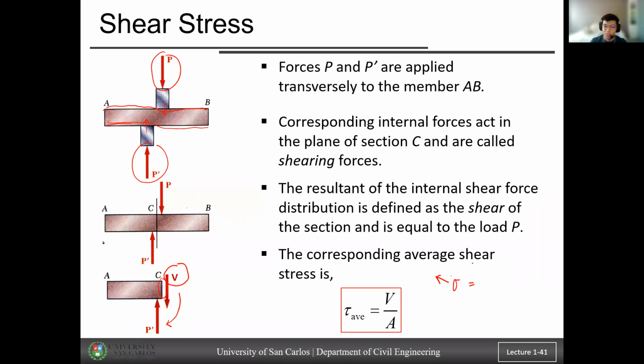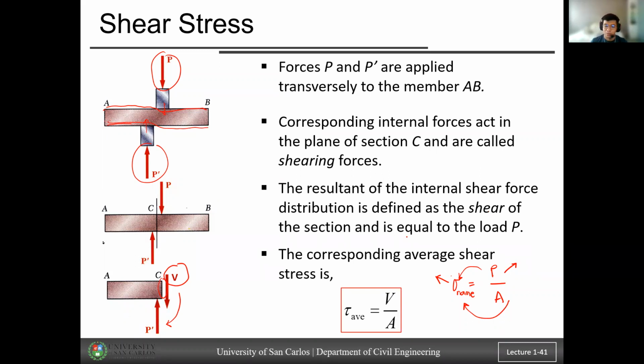You can just declare it with a subcomponent, let's say sigma, then a subname. So it's in general force over area. The force will depend on what type of stress you are declaring, and the area will also depend on the stress you declared, right?